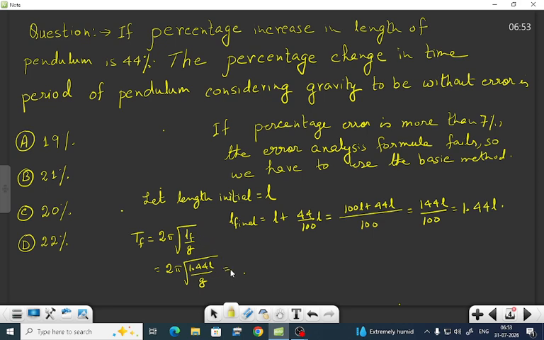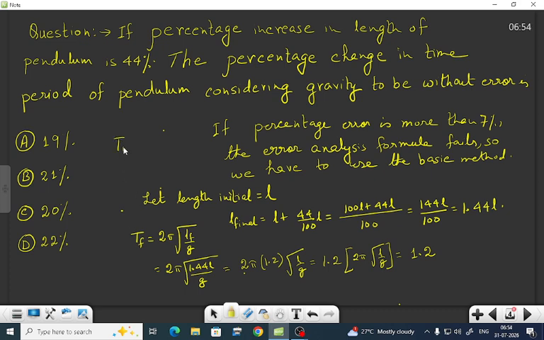So we are getting 2 pi into 1.2 into root over L by g. Here 1.2 is the square root of 1.44, multiplied by 2 pi root over L by g, and that is the initial time period.